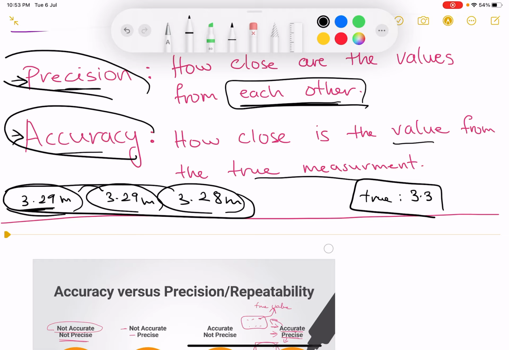It's 3.29, again 3.29, and this is 3.28. So they are close to each other, so they are precise. And they are accurate because they are very close to the true value, which is 3.3. If we rounded this, it will be 3.3, and this as well.